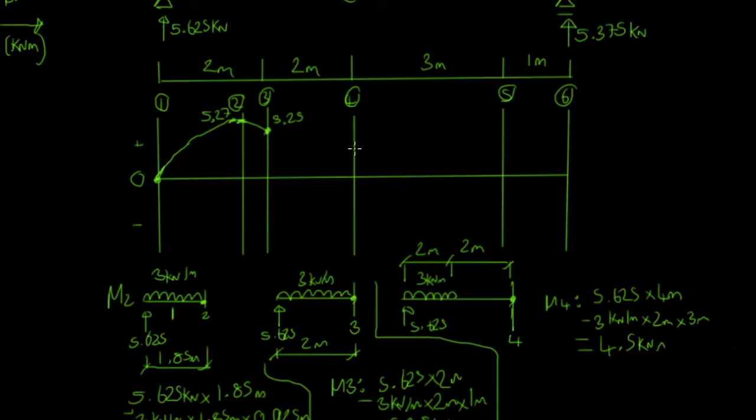So that's going to be about here, and that's going to be a linear line between point 3 and 4.